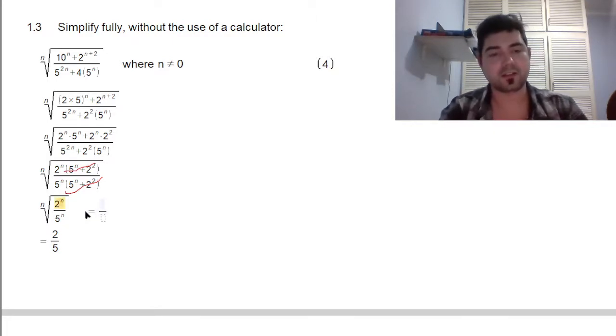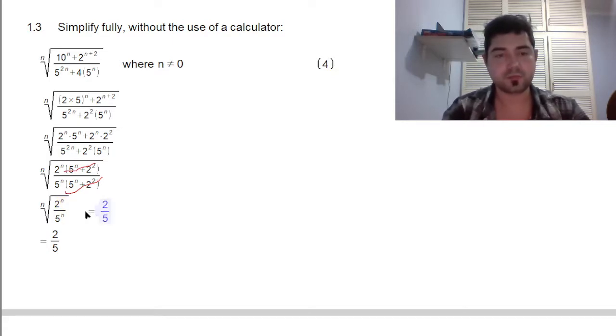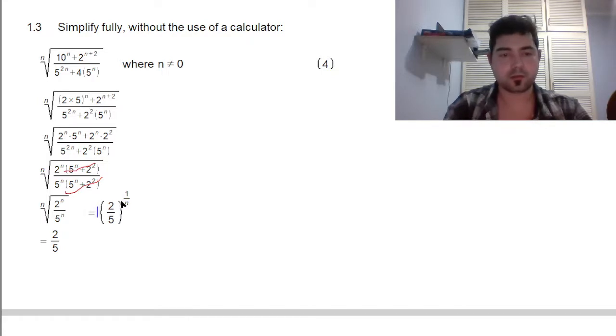Like you could say that that is 2 over 5, and that's all to the power of 1 over n. So a couple of different things here. My bad. Yeah.